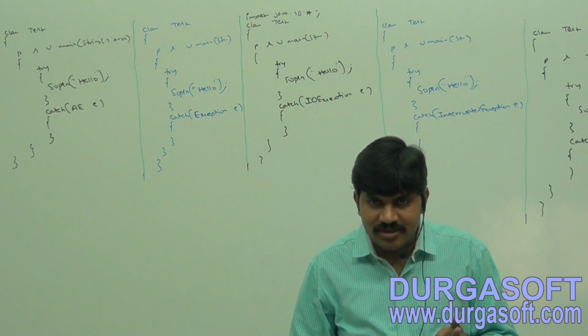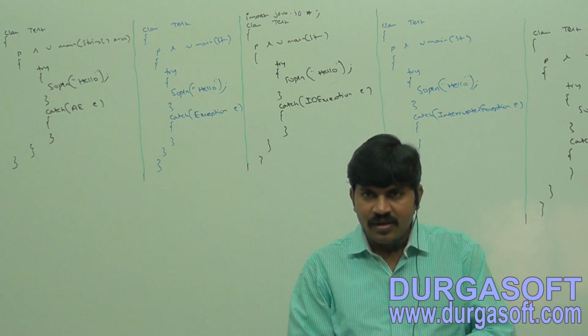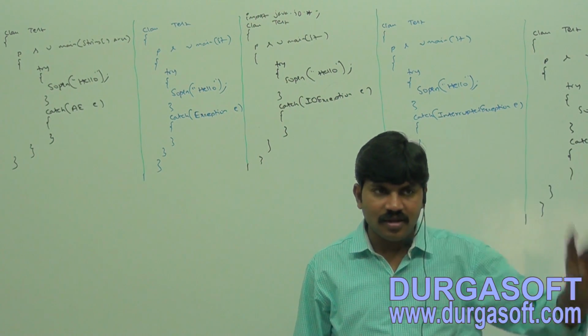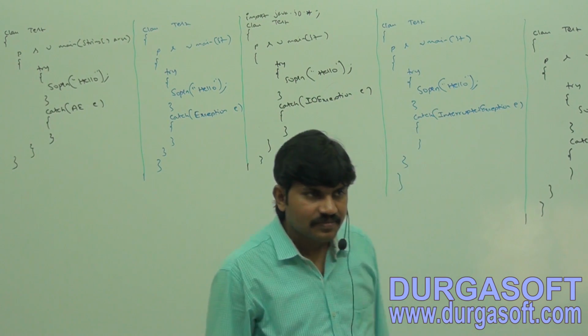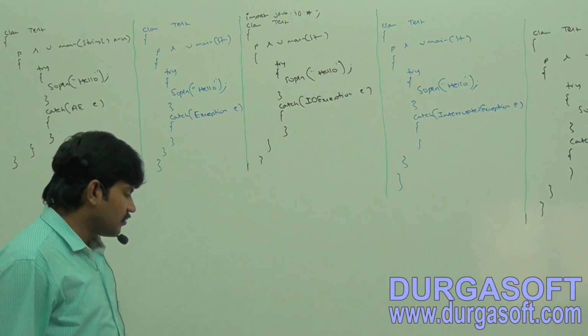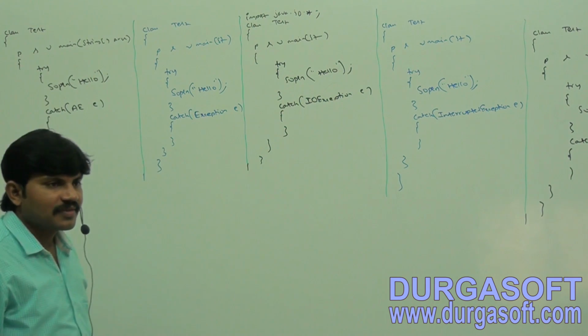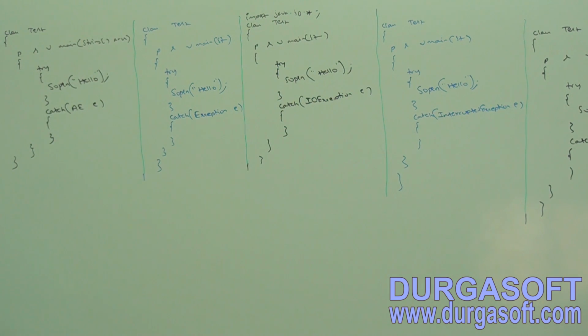In two cases we will get a compile time error. In three cases the code compiles fine. In only two cases we will get a compile time error. Which two cases?